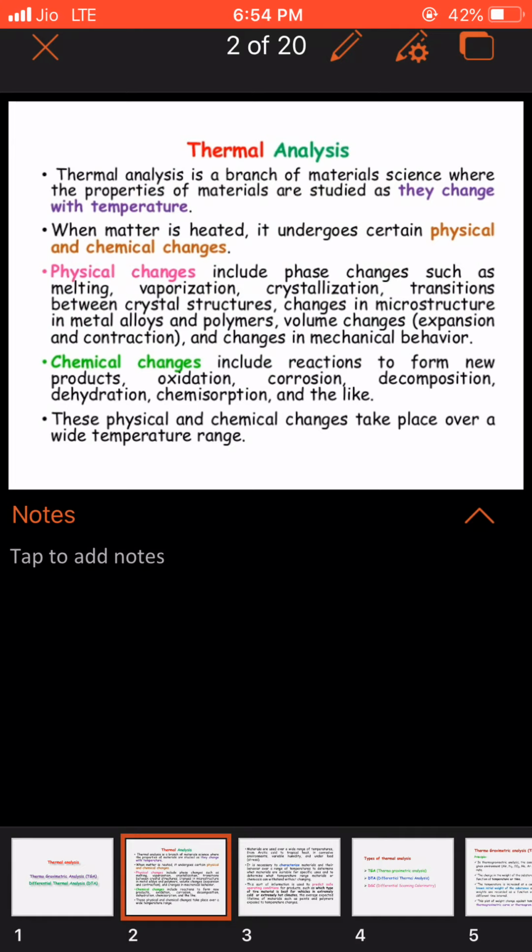You know what is a phase? Water has mostly three phases: gas, liquid, solid. Solid is ice. So when you heat ice, it will get converted to liquid. This change of water from ice to its liquid form is a phase change.